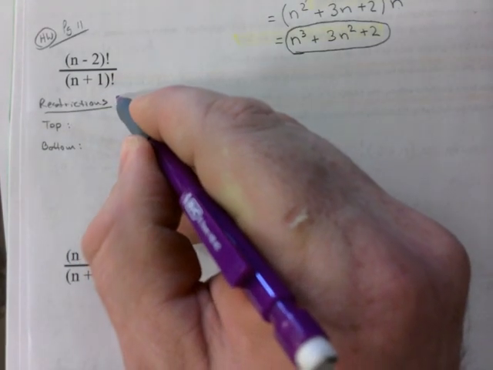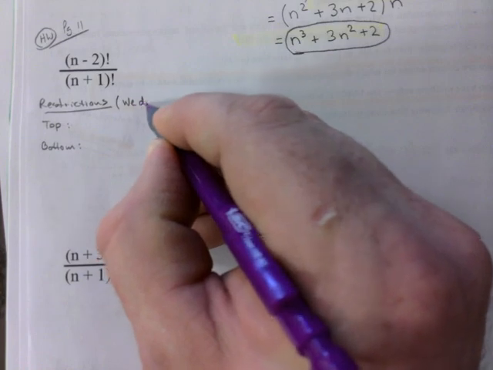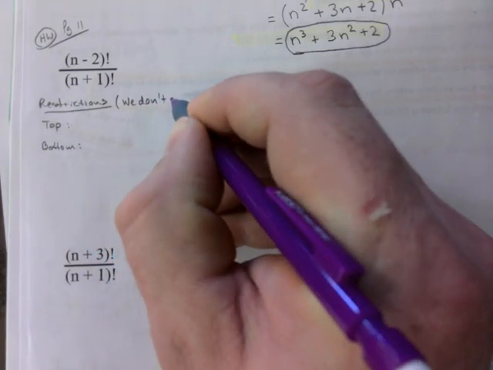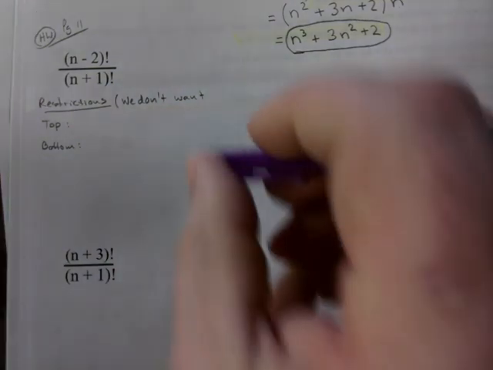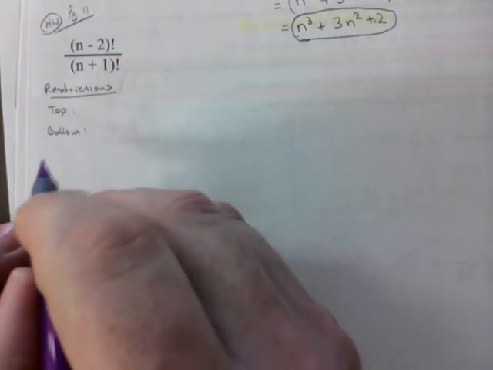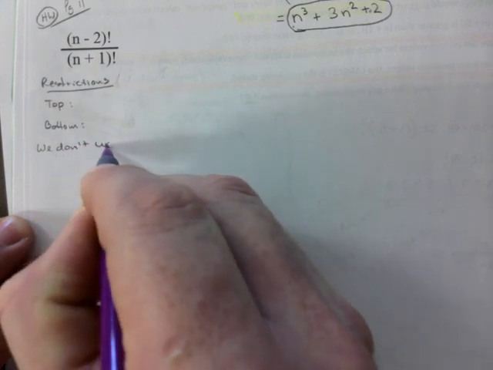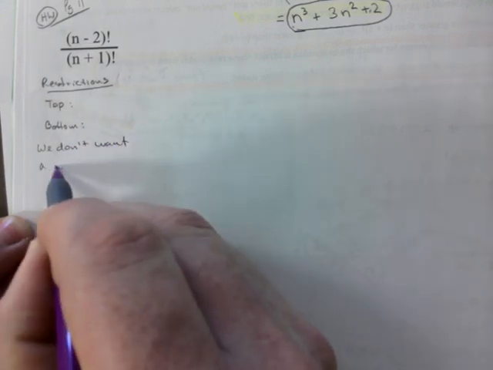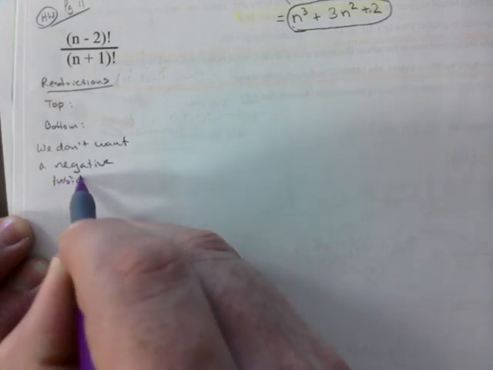So here's how I'm going to rephrase that. Let me redo this because I'm going to block my space here. I'm going to rewrite that here. This is just for you. Hopefully this helps you. We don't want a negative inside the bracket.